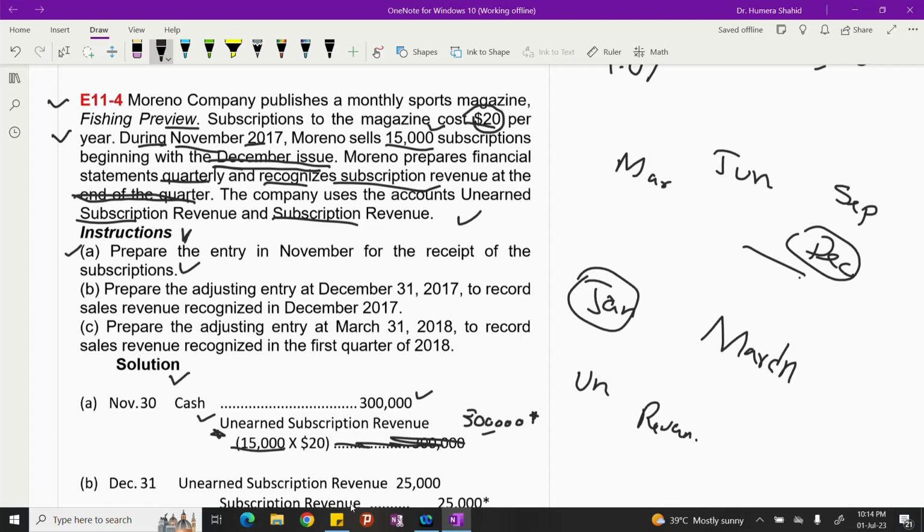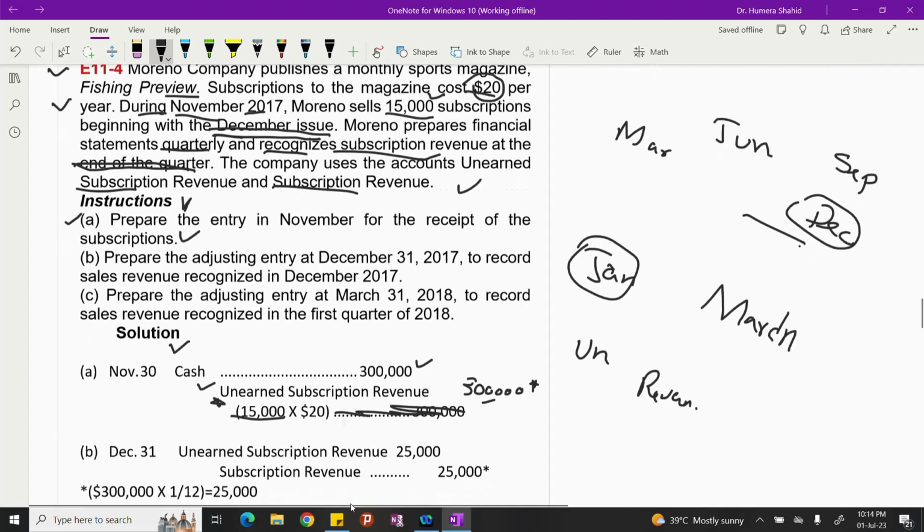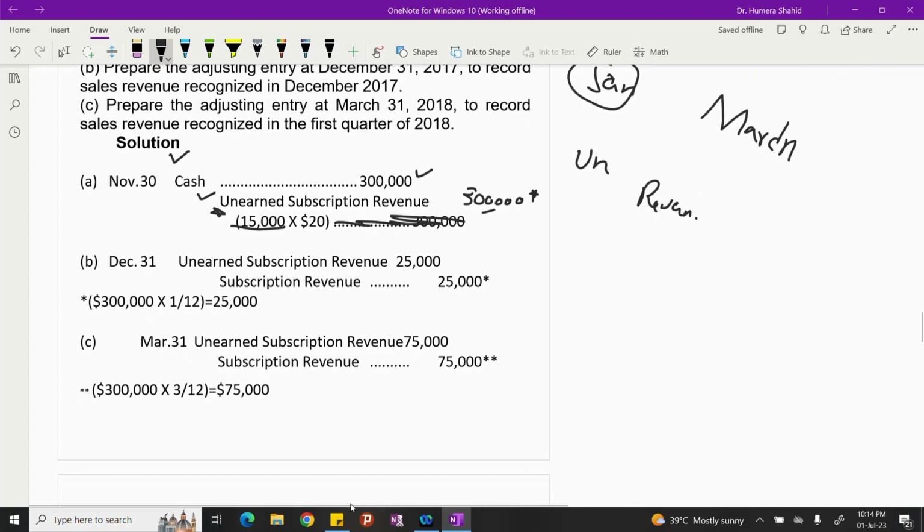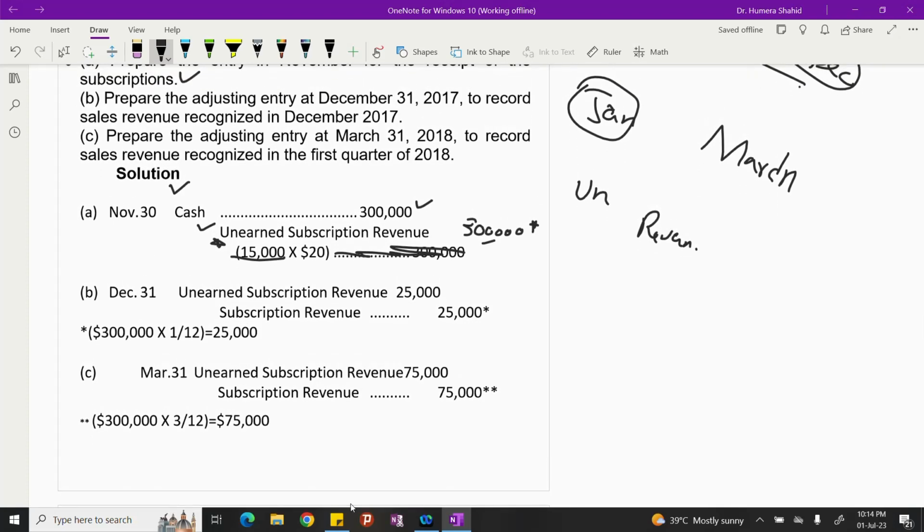Then point number B is prepare the adjusting entry at December 31st, 2017 to record the sales revenue recognized in December. By the end of December, only one month's earned revenue is revenue, because out of 12 magazines, only one magazine is sent to everyone, right?